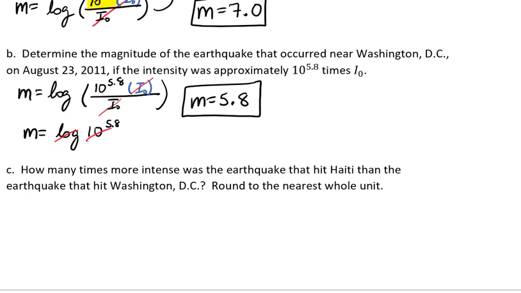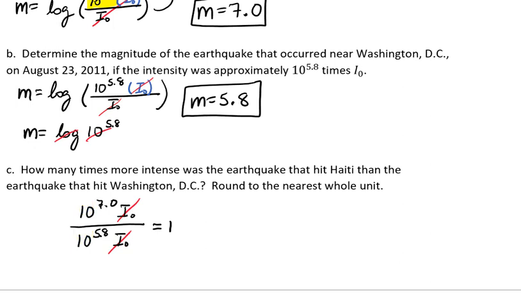So here's what we're going to do. We're going to take our equation. So we're going to have our 10 raised to the 7.0 times our I naught, and we're going to divide that by 10 raised to the 5.8 times our I naught. Our I naughts are able to cancel out, and we're then able to plug this into our calculator, or we can see that because we have the same bases, we're able to subtract the exponents.